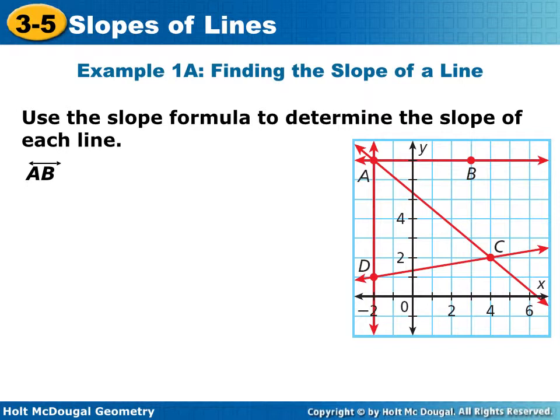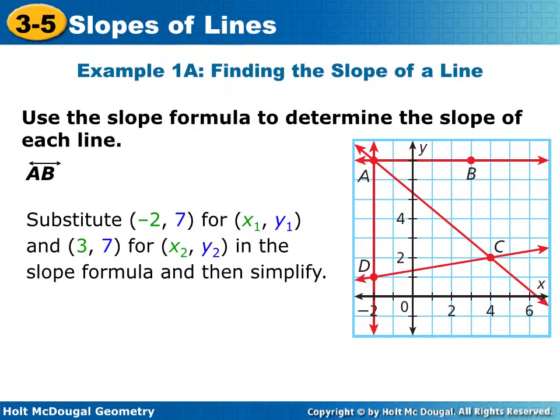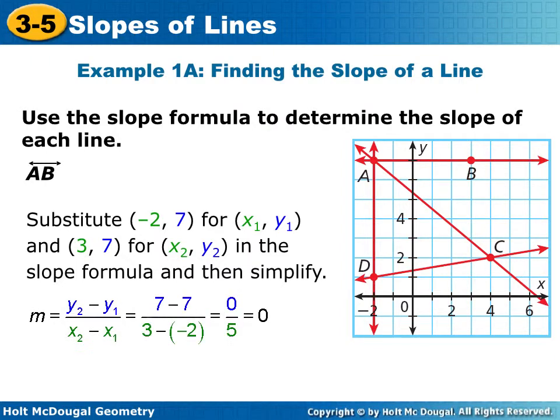So the y values are both 7. Well, 7 minus 7 is 0, and 0 in the numerator would give me 0. And since AB is a flat surface, it's a flat line, it's going to have a slope of 0. Substitute in the values, -2, 7 and 3, 7, and voila, we get 0.